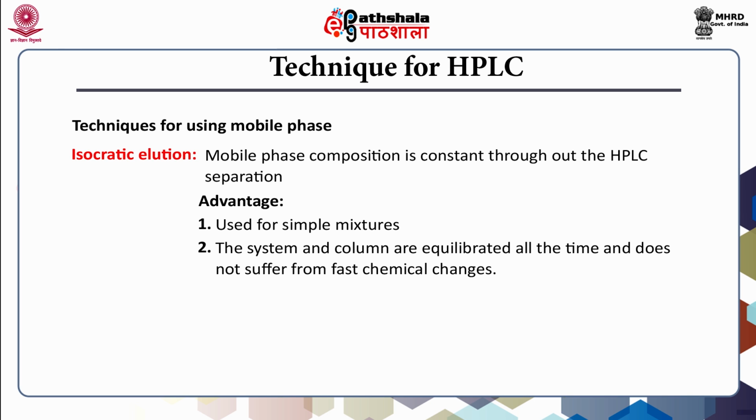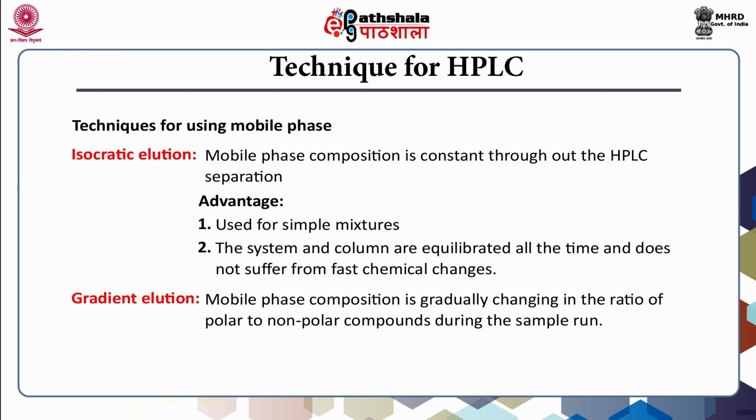However, we have to use gradient elution in some experimental conditions. Gradient elution means the mobile phase composition is gradually changing in the ratio of polar to non-polar compounds during the sample run. The advantage of gradient elution is that it can be used mainly for complex mixtures, whereas for simple mixtures we can use isocratic elution.